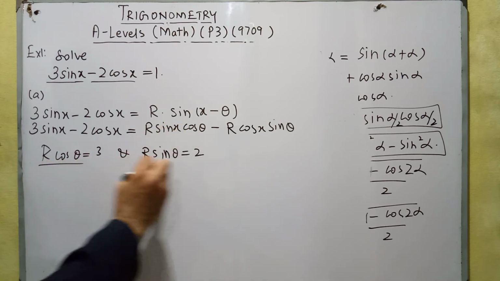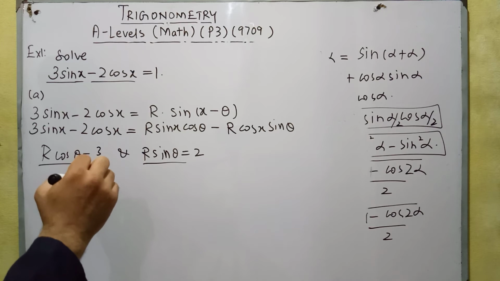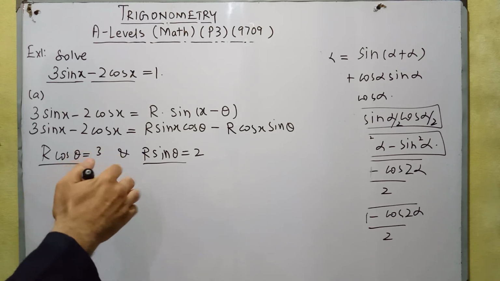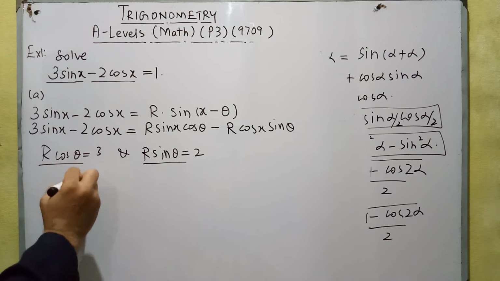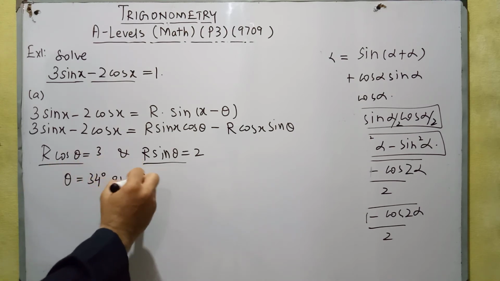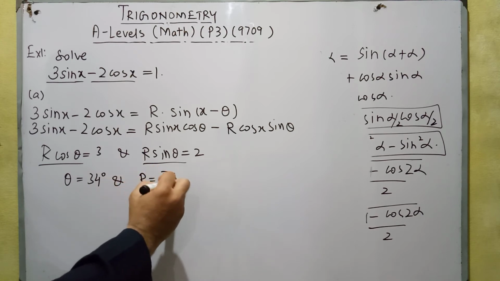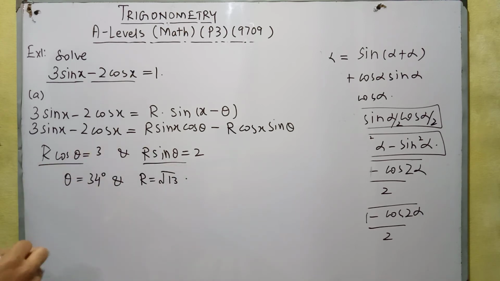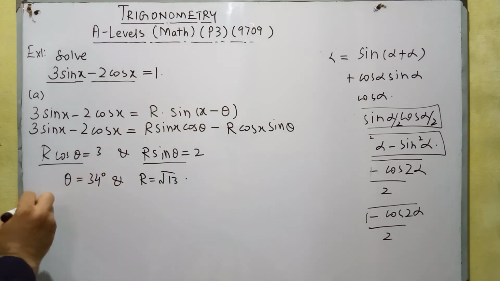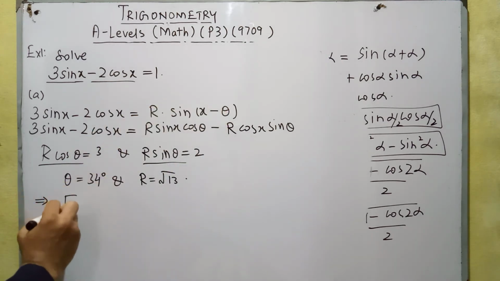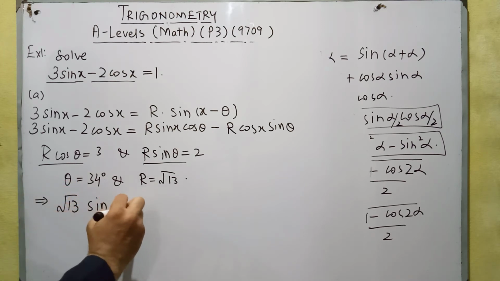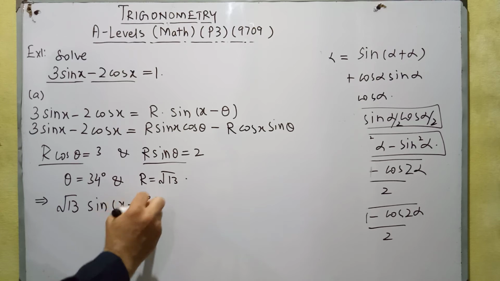Using these two equations, we will see that theta is equal to 34 degrees and r is equal to square root of 13. So if we substitute these two values over here, it will become square root of 13 into sine (x minus 34 degrees).